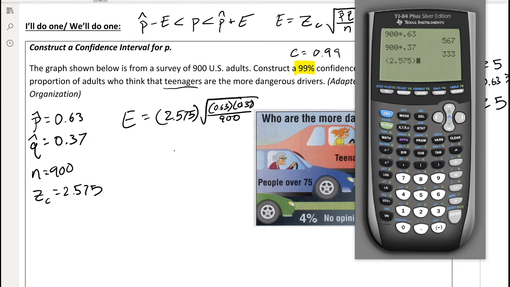2.575, multiplied with the square root of 0.63 times 0.37, and this is all being divided by 900. And I get here a margin of error of 0.041.